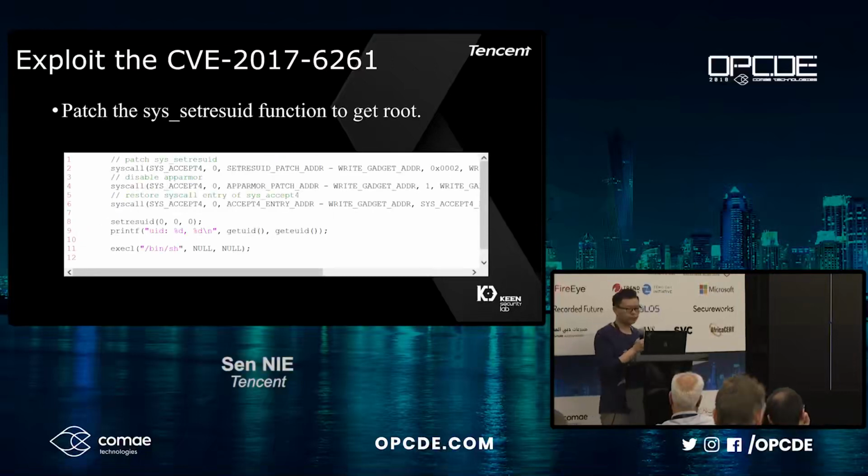And then, because now we have the ability to arbitrarily read and write kernel memory, we use the write gadget to patch the setresuid function. It's a typical trick in Linux kernel exploits. So by calling setresuid with 0 in user space, we can get our root shell.